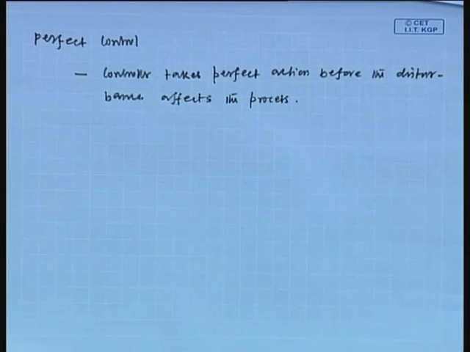So, what is required to take the perfect control action? First, it is required to measure the disturbance which is affecting the process.